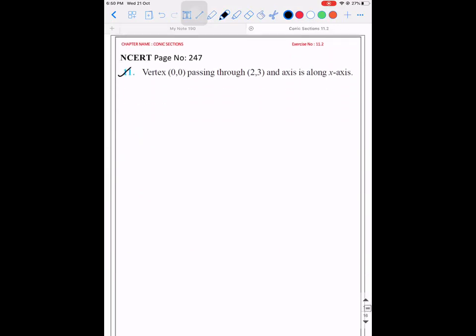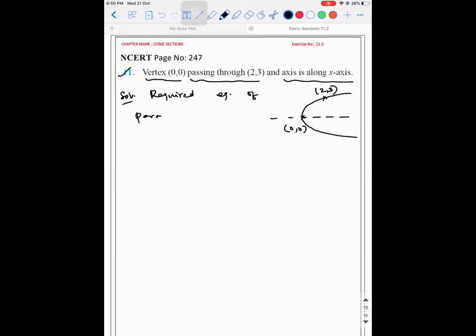Eleventh one. Find the equation of parabola whose vertex is 0, 0 and it is passing through 2, 3 and the axis is along x-axis. So its axis is x-axis, vertex is 0, 0 and it is passing through 2, 3. So it should belong to first quadrant and fourth quadrant. So what will be the required equation of parabola? y square is equal to 4ax.